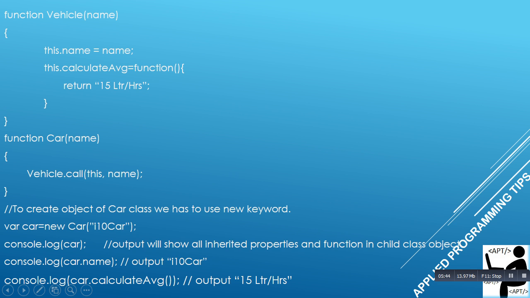Here you can also see, if I try to access the calculateAverage function of the base class inside the inherited Car class object, then you get the output of 15 liters per hour.